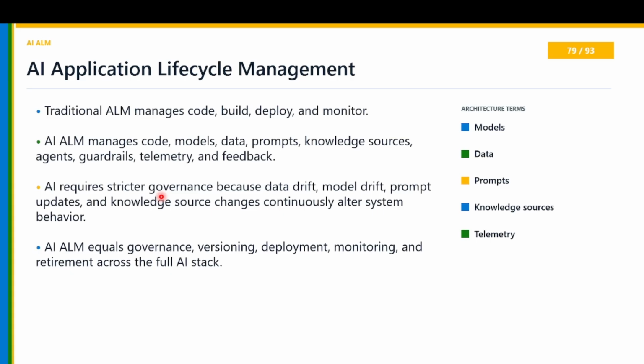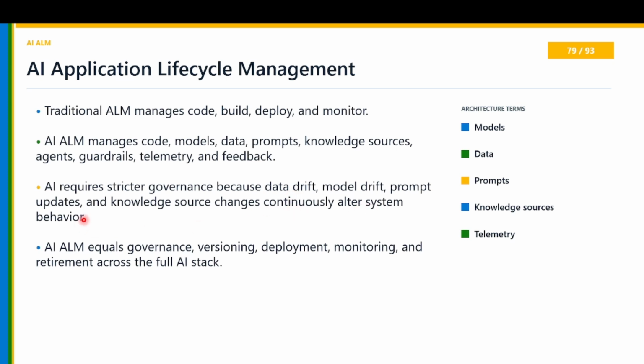AI requires stricter governance because data drift, model drift, prompt updates, and knowledge source changes continuously alter system behavior. Any of these drifts, any of these changes can alter system behavior, not only the base model. Data drift can alter it.